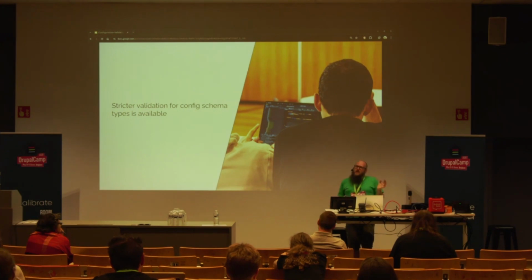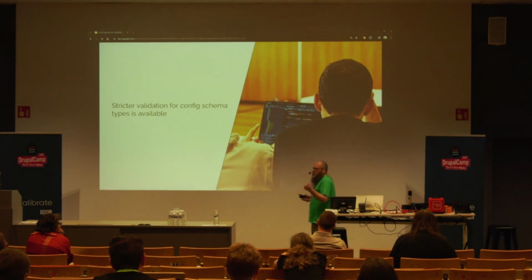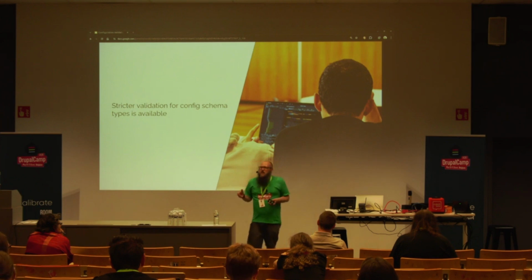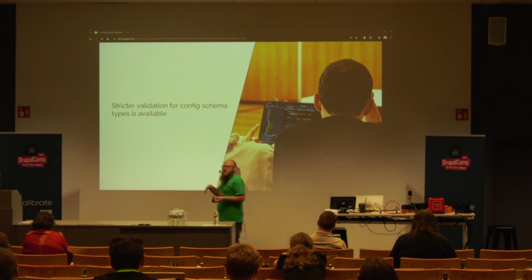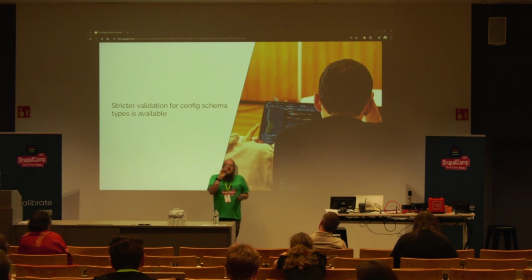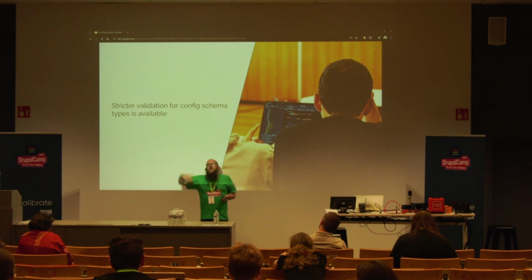So this is one of the things where some tests started failing and people didn't figure out why, because they had weird, wrong validation. For example, at Calibrate, where I work, we have our install profile that we use on all of our sites. That started in 2019, 2020, something like this, Tom. And there used to be a property on the system.site that no longer is there, but we had it in our old config because no one ever cleaned that up.